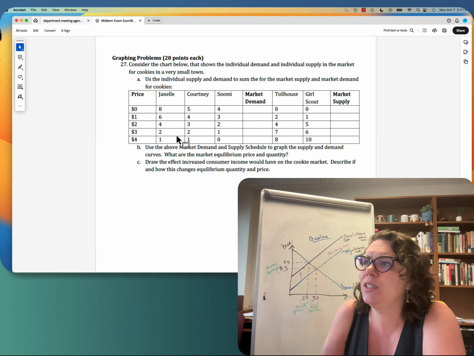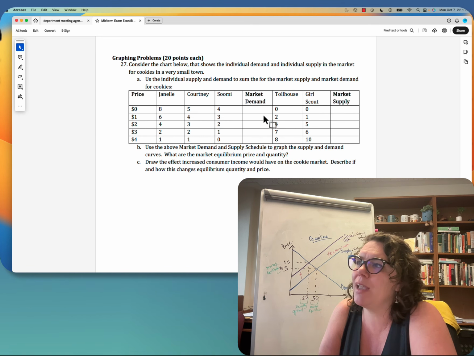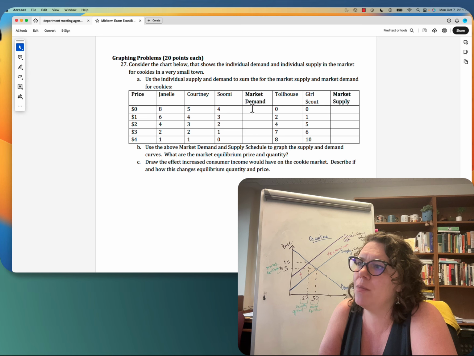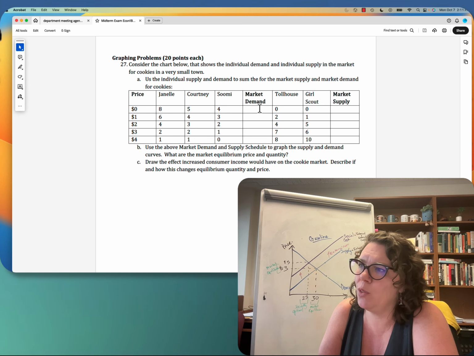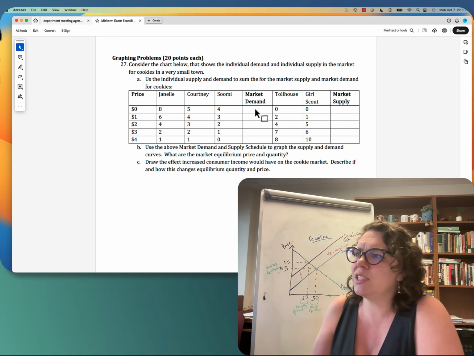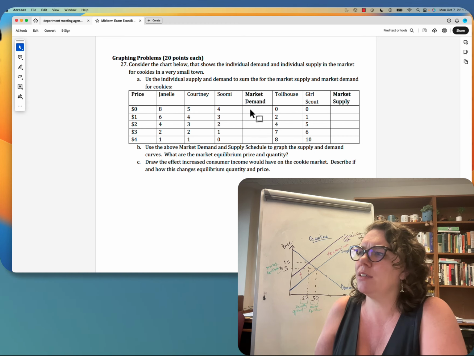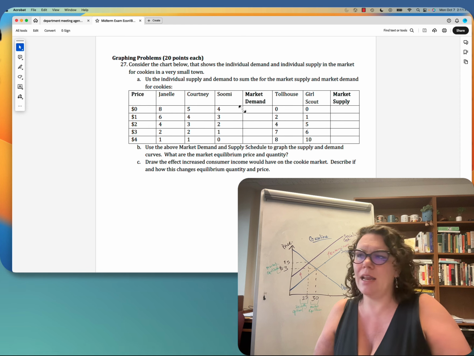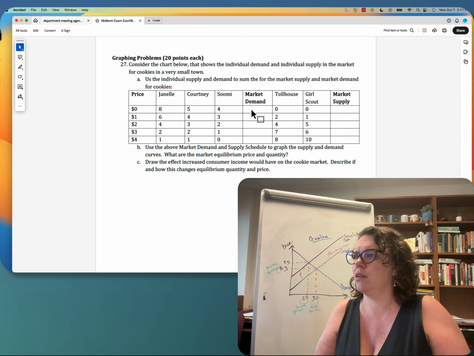And then this next one says to look at the individual demand and supply and then sum them to get the market for cookies in a small town. So we go through and we sum market demand, and everyone did pretty well on this one. We sum market demand by going through and adding up the individual demands. What's going on here?